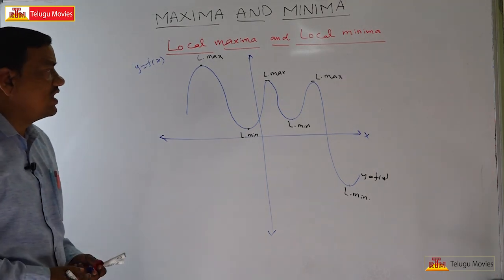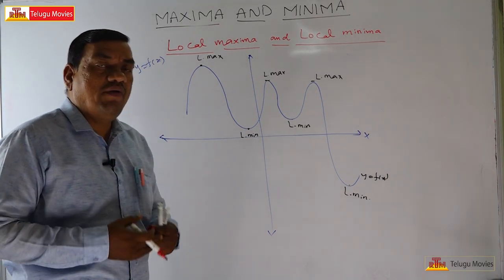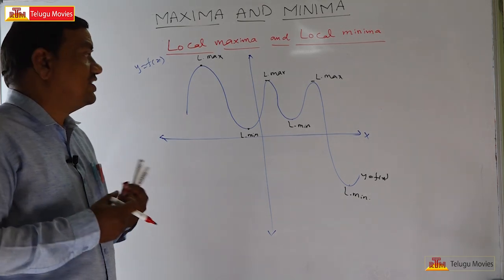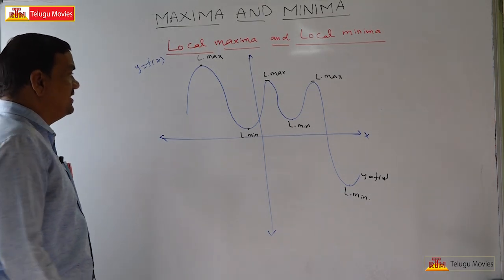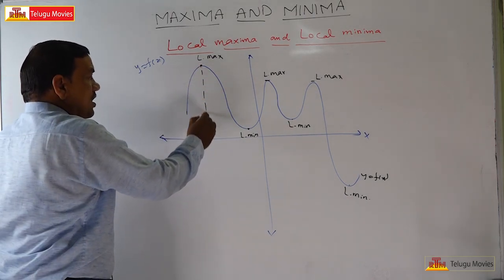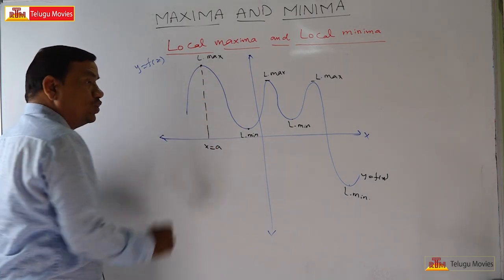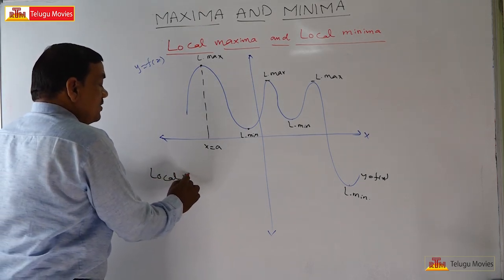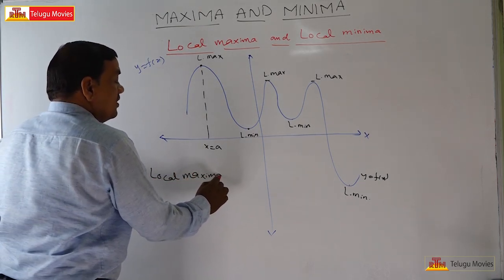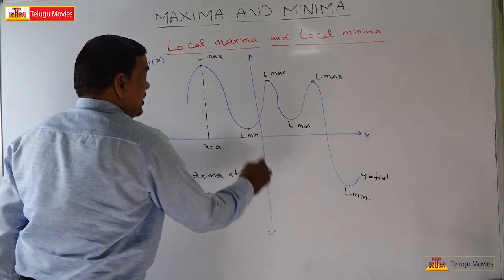So such a curve, will it have this many local maxima and local minima? Yes, it will have. What is meant by local maxima? For example, a curve is said to have local maxima at x is equal to a.